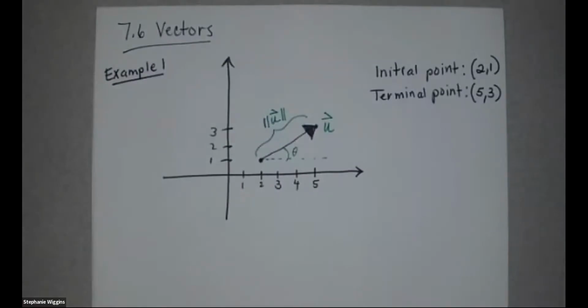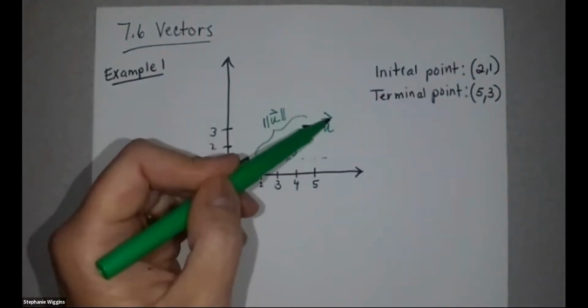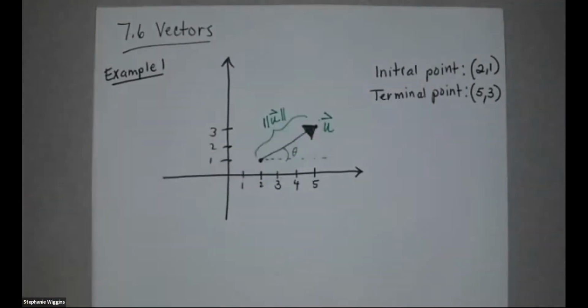And the way I show that it's a vector is I put this little partial arrow above the letter. Or in a textbook, you'll sometimes see it in bold print. And when you see it in bold in a math textbook like that, it's indicating that it's a vector, meaning that it has length and direction.